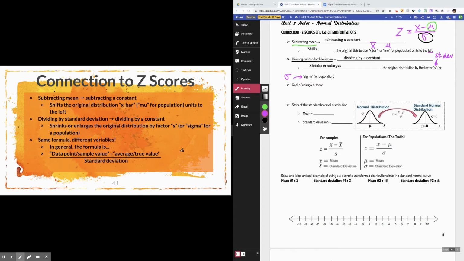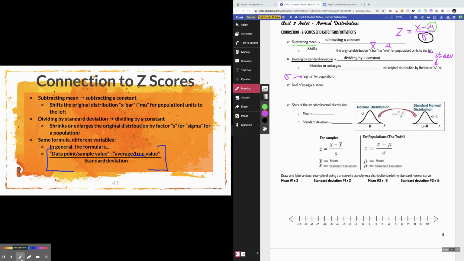But in general, when you calculate a z-score, you're taking your data point or your sample value, the value that you want to know more about, subtracting the average or the true value, because remember, our goal here in statistics is to search for the truth, and you're dividing it by a standard deviation.